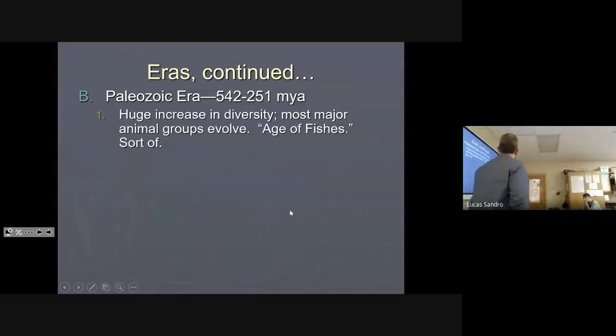Scientists used to call it the age of fishes. That's not a very good name for it, but life was all in the water. And most of the major animal groups showed up in this roughly quarter-billion year period.